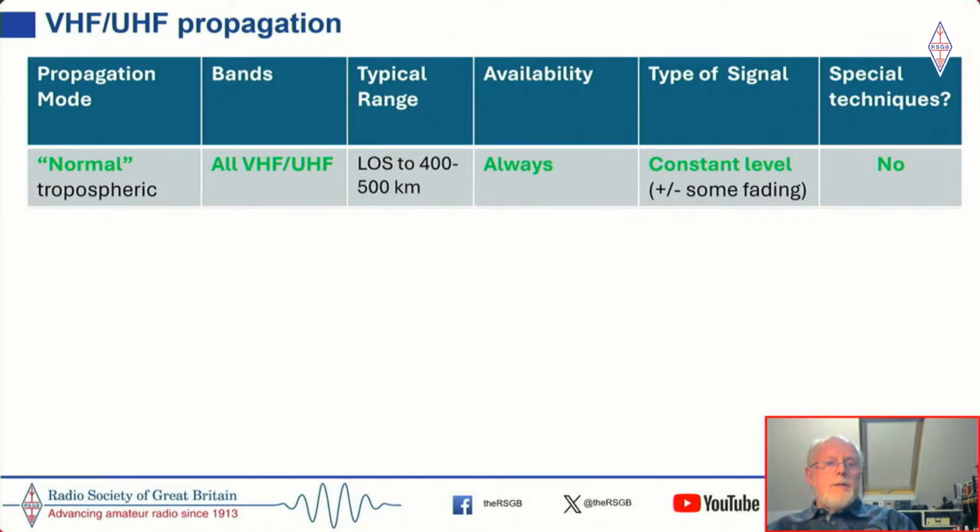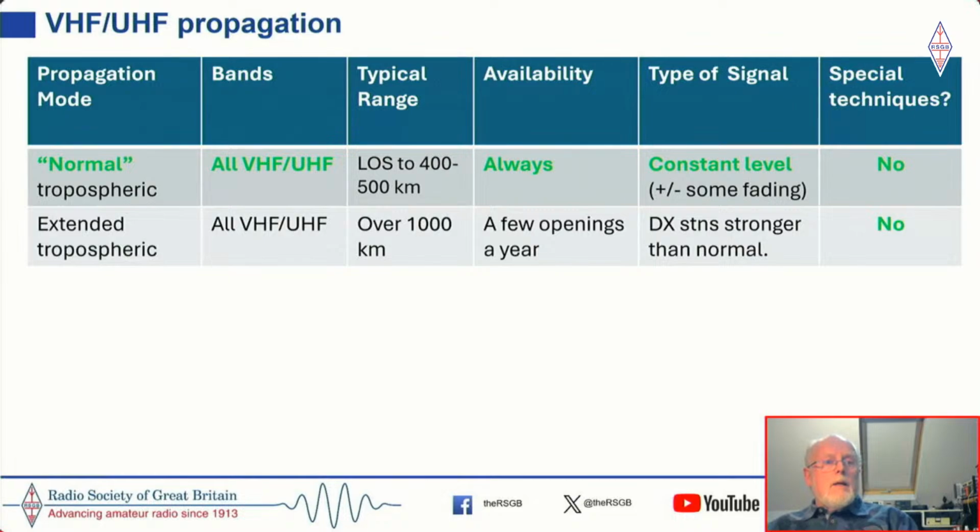So typical ranges, well, out to the line of sight and then beyond for a few 100 kilometers, depends on the band, and it depends on each station's equipment. So, okay, this is the stuff we know. Please consider this as our baseline, and we take it on from here.